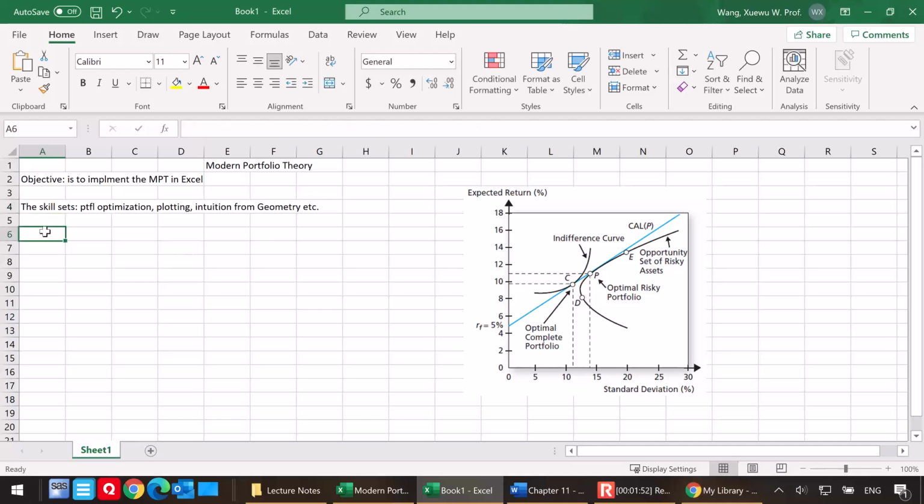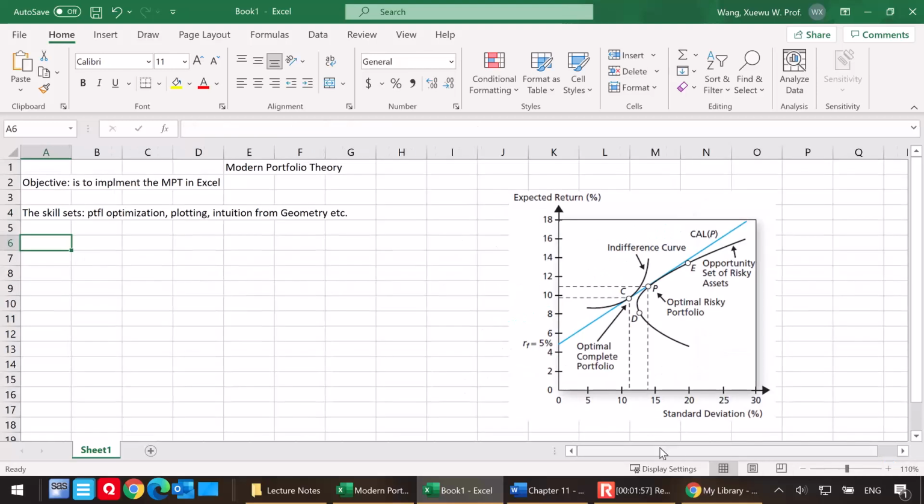So that's why I said it's actually going to be fascinating, because you can actually plot this one after this lecture. Okay, and I'm going to start with, and this chart is actually straight from the lecture note for chapter 11, and this is also from your Finance 310 class.